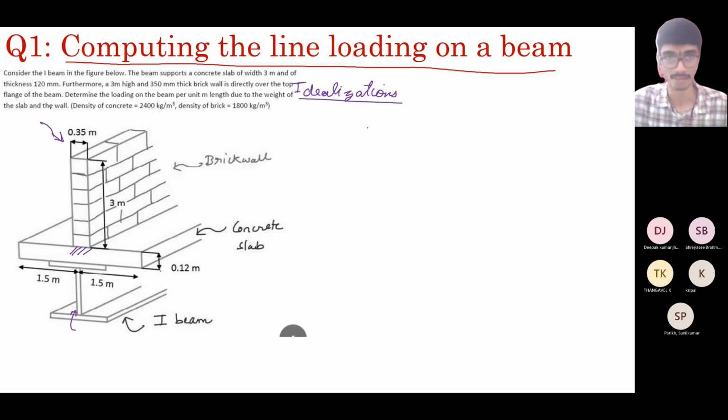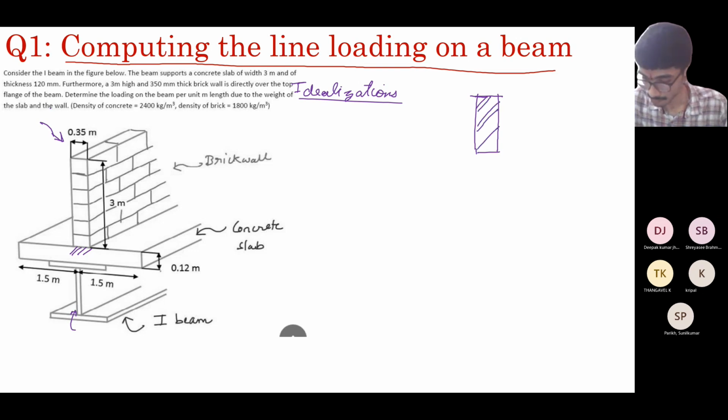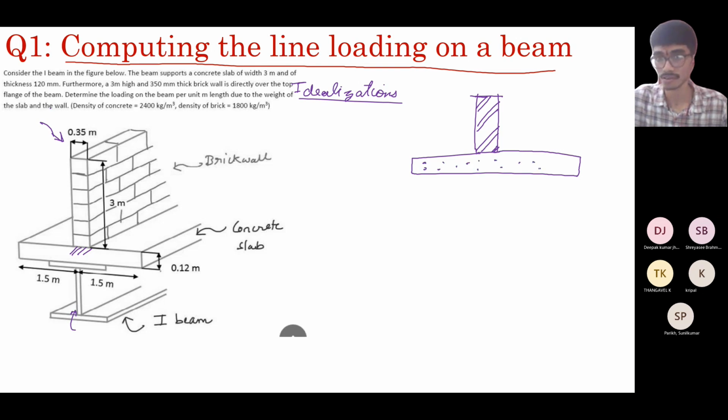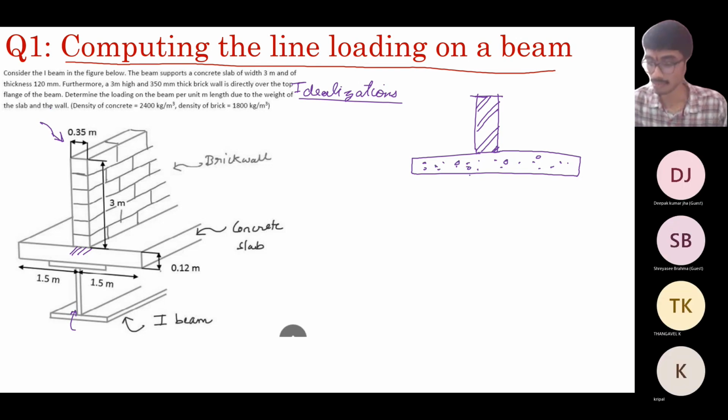Let me draw the cross-sectional view of this. We have a brick wall, and you have this slab. It's a concrete slab, and this is supported on the steel beam.